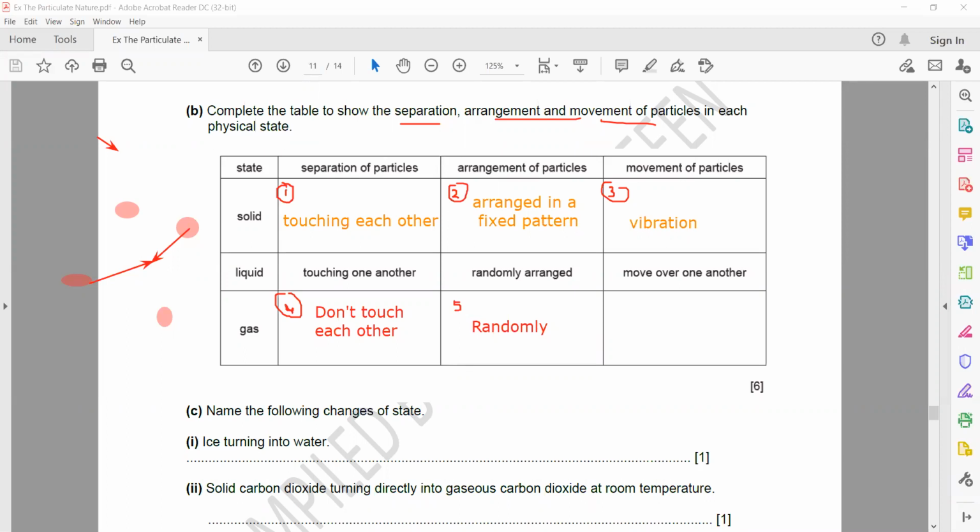They may collide, but most of the time they are not colliding or touching each other. If the volume for a gas is low, even in that case, the particles may not touch each other. They may collide more times, but do not touch each other continuously. And if you compress the gas too much, the gas might turn into liquid.